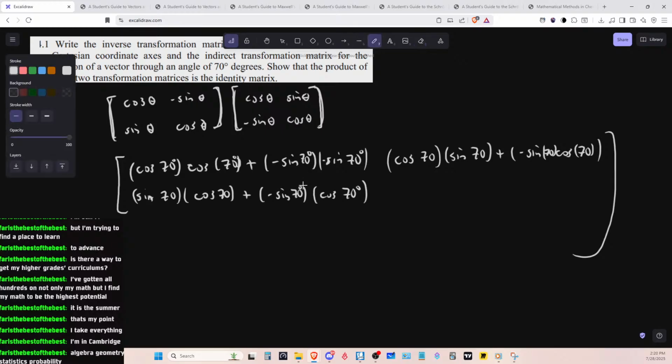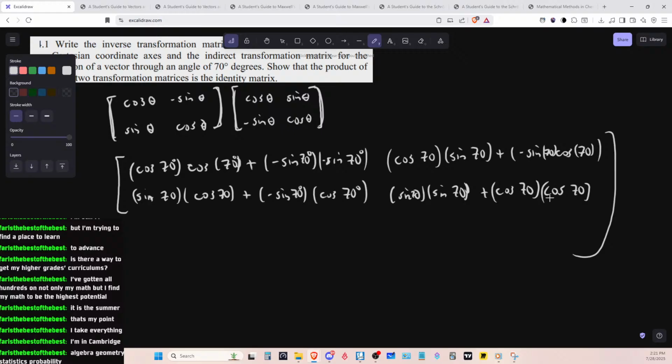The way this turns out, I think it's pretty obvious because these two will equal 1, because cosine squared plus sine squared equals 1. These two are basically equal to each other, but this one has a negative sign, so it will go to 0. And this is the same thing. The next one, we're going to get sine of 70 here and sine of 70 degrees here, and then cosine of 70 here and cosine of 70 over here.